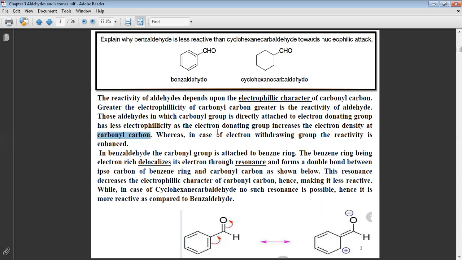Explaining this equation, he said in benzaldehyde, this is the benzaldehyde compound, the carbonyl group is attached to the benzene ring.